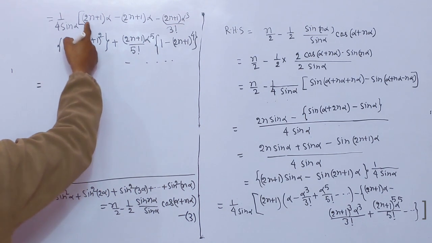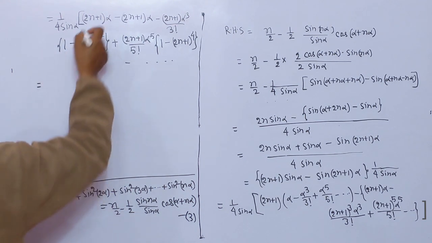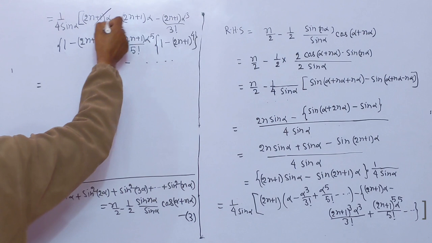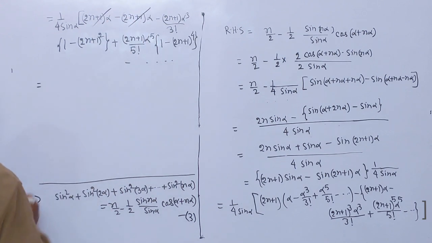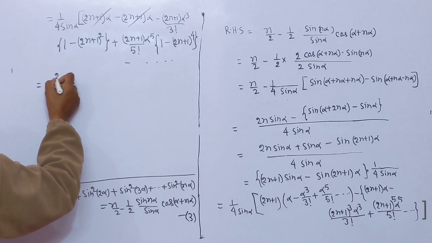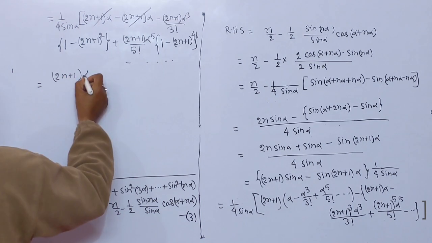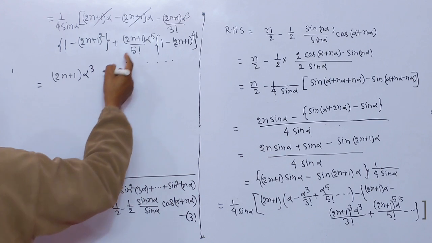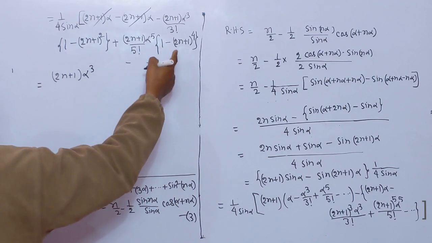Here we take common (2n+1)α; this (2n+1)α and (2n+1)α cancel. We take common (2n+1) α cube. We take common from each term.